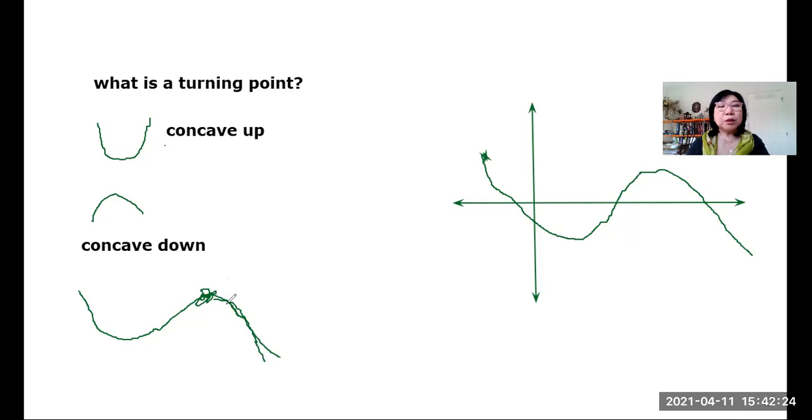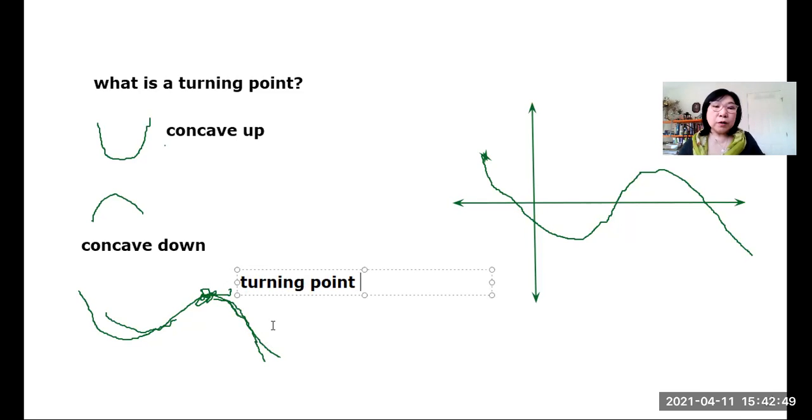So between here, when the behavior of the function changes from concave up to concave down, we call this a turning point. So this point right here is a turning point.